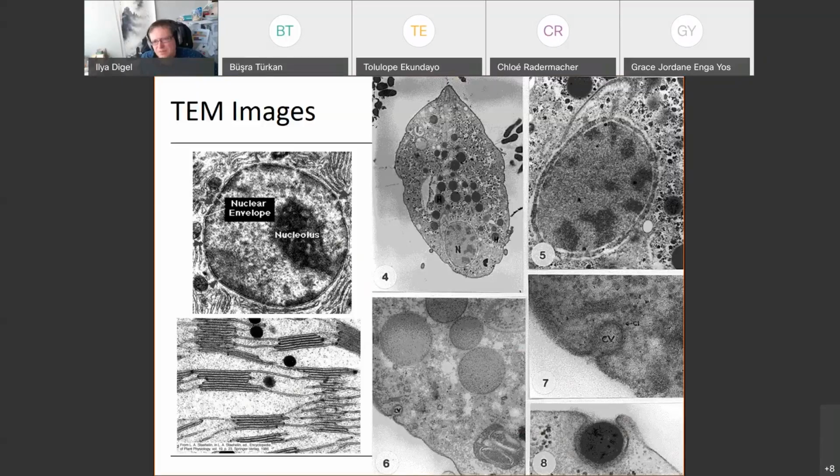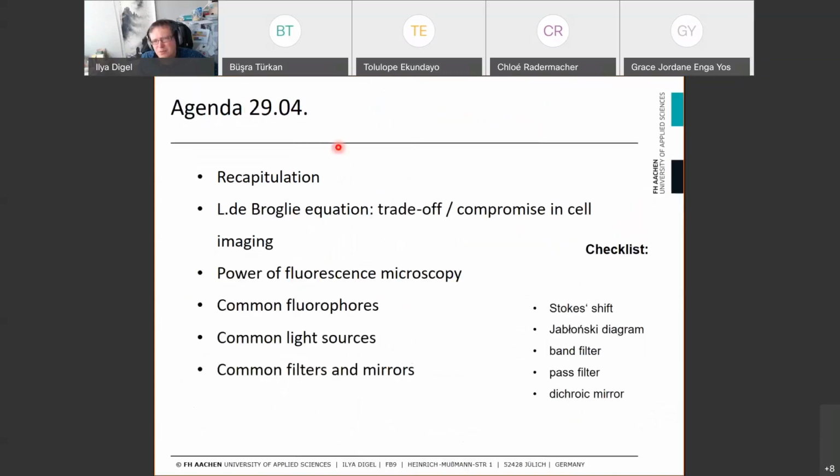So now let me come back to our initial plan. This first point was to illustrate that electron microscopy uses, you can say explicitly or implicitly, the de Broglie equation, and it brings with itself an advantage and a disadvantage, right?